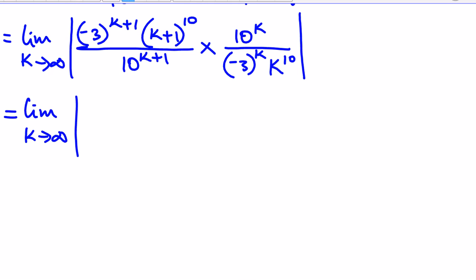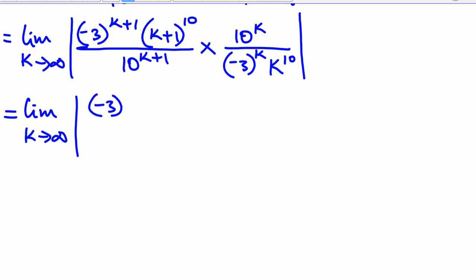so I want to reorganize things here: the powers of -3, and k^10 and (k+1)^10. I want to organize that information so that I can simplify it. It's just making it easy for you to simplify.